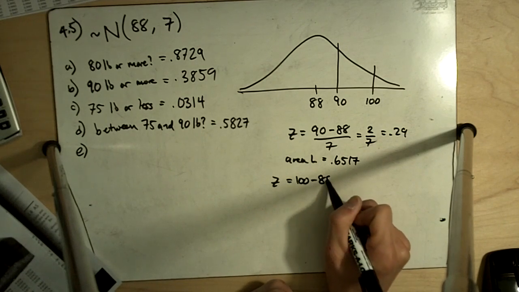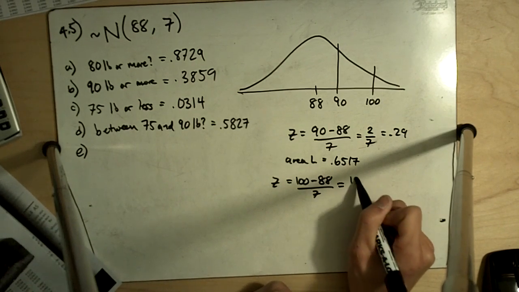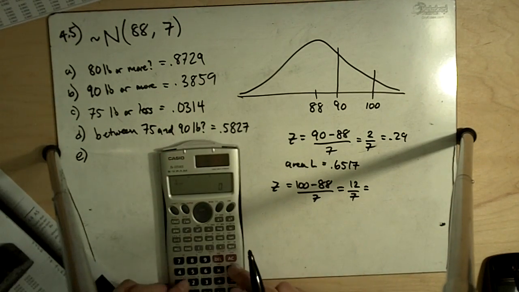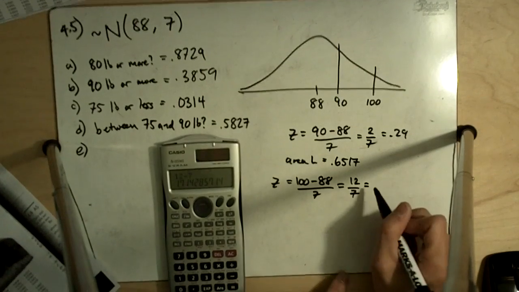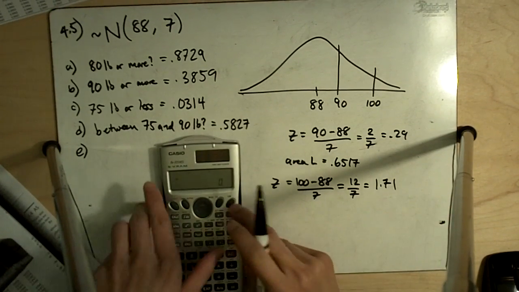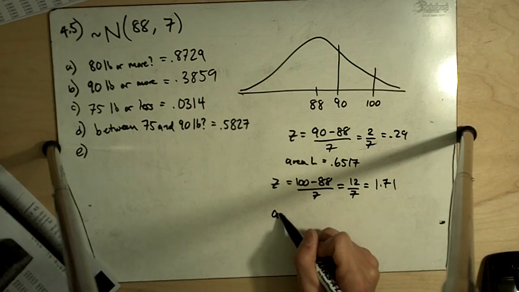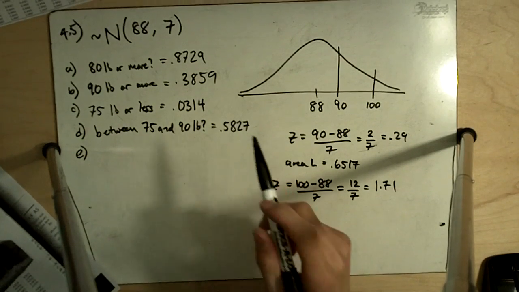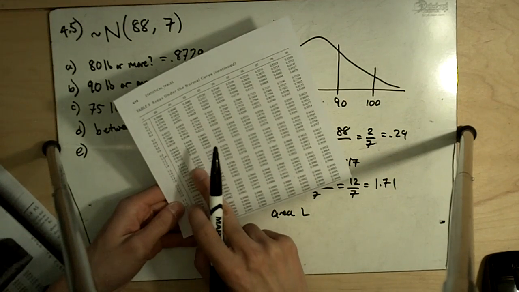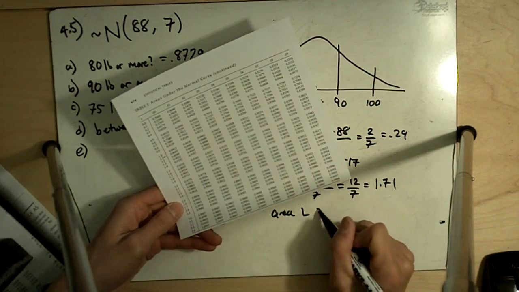Okay, and we do the same for 100. 100 minus 88 over 7 is 12 over 7, which is 1.71. Okay, and the area to the left of 1.71 is 0.9564.